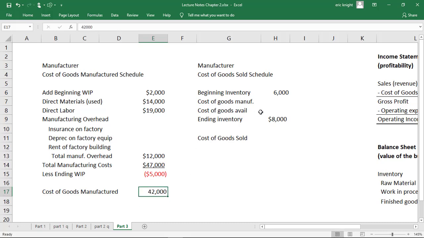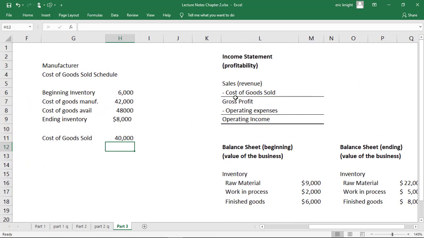And then that is what goes over here in my cost of goods sold. That means I have $48,000 in cost of goods available for sale. My ending inventory is 8. That leaves me with $40,000 as my cost of goods sold, and then that will be pulled over into the income statement.